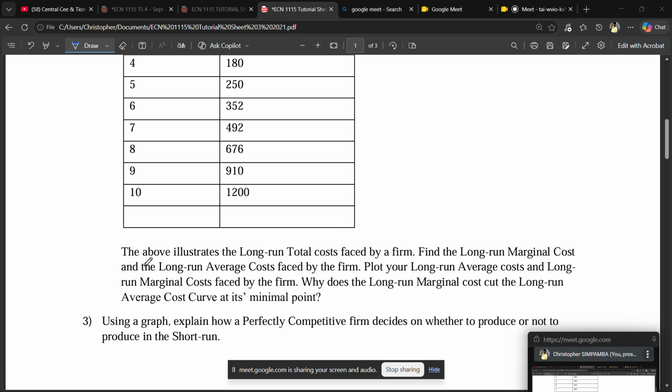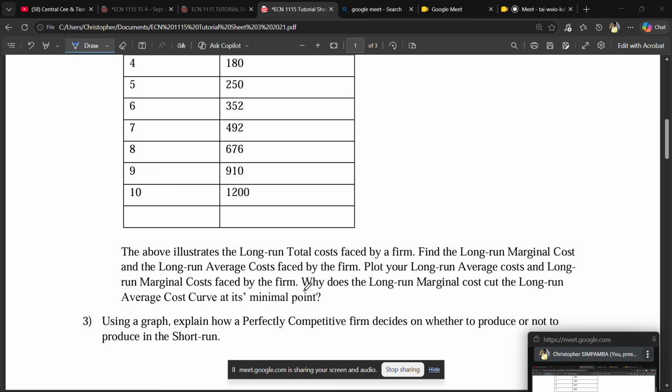The instruction says the above illustrates the long run total costs faced by a firm. Find the long run marginal cost and the long run average costs faced by the firm. Plot your long run average costs and long run marginal costs.